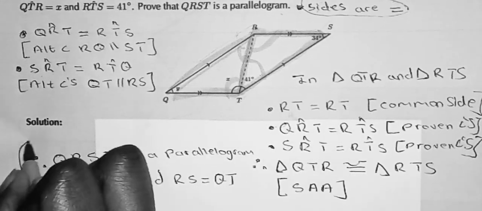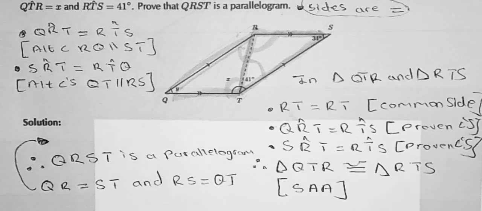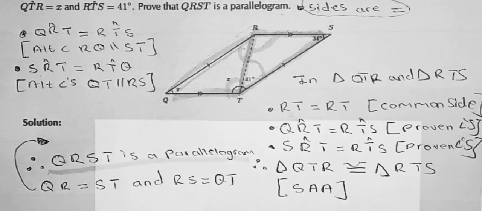So this one will go from here, and then our final answer is QRST is a parallelogram. So we're done with this one.